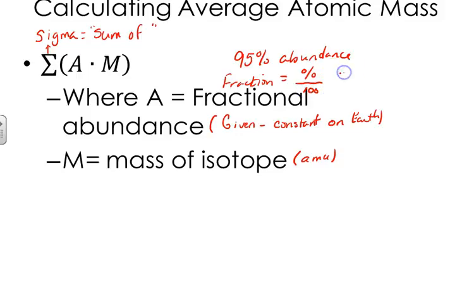So 95% divided by 100 is 0.95. No percent, it's just a fraction. Okay, so since we're dividing by 100, we're always going to take our percentage and move our decimal to the left 2 places.